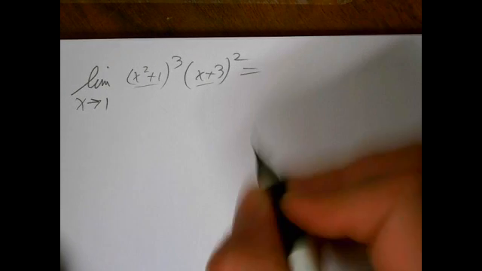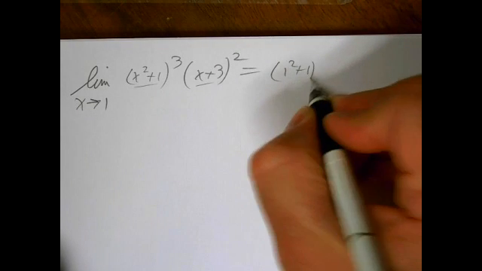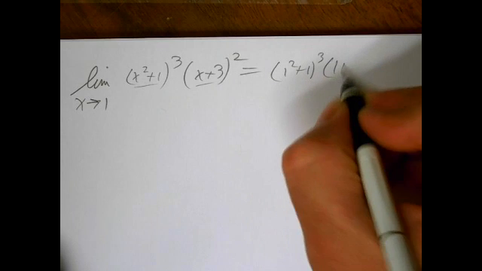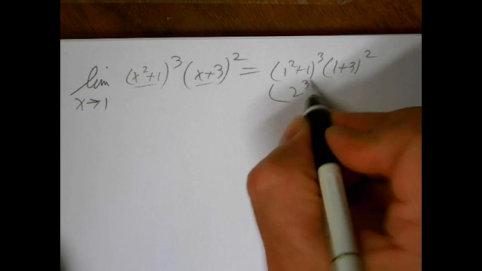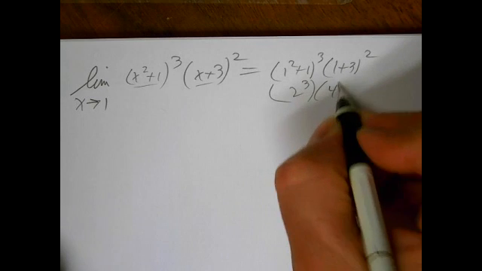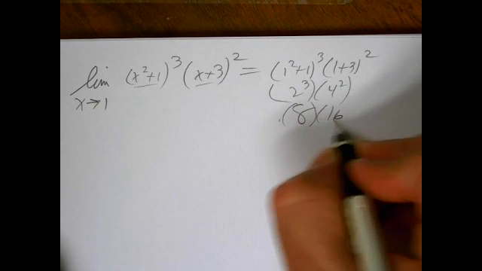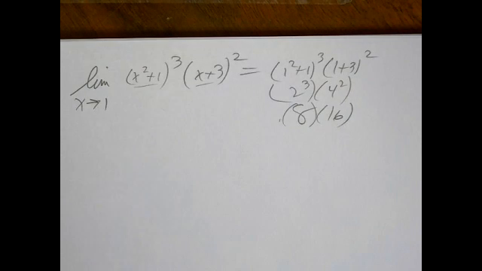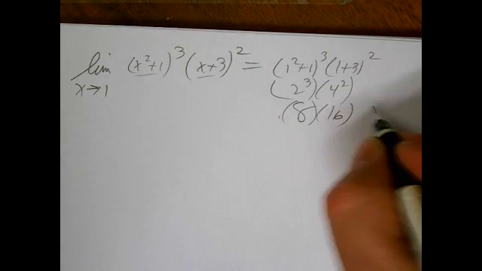Therefore, this would be nothing more than 1 squared plus 1 cubed and 1 plus 3 squared. This is 2 cubed times 4 squared. 2 cubed is 8. 4 squared is 16. And after that, all you have to do is the product. 8 times 16 is 128.